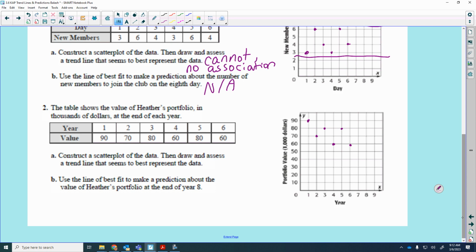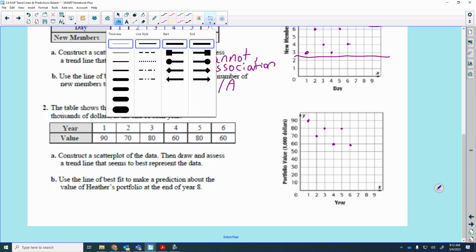Interesting. It looks like it's mostly what? Yeah, it's mostly declining, which is sad since that's her portfolio. That means her value is declining. Okay, so now let's make a line of best fit. Again, this is not a perfect science, but you want to try to make yourself a straight line and you want to try to hit as many points as you can.